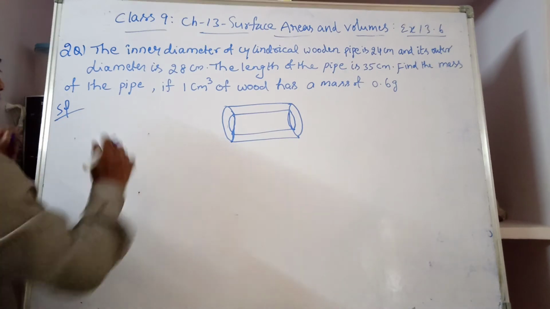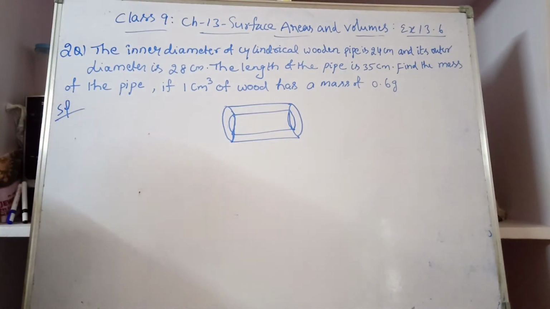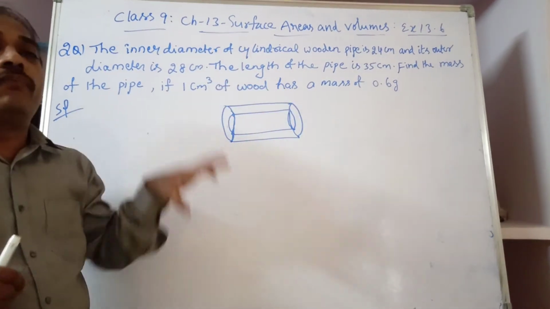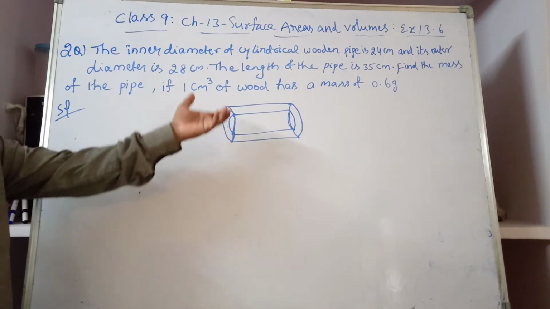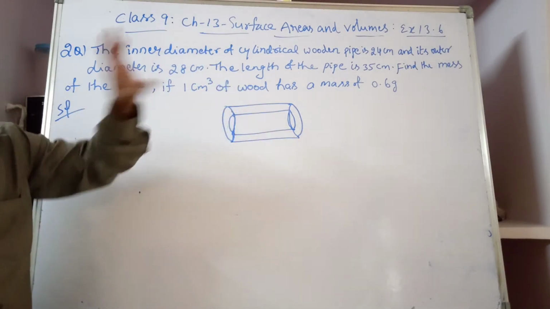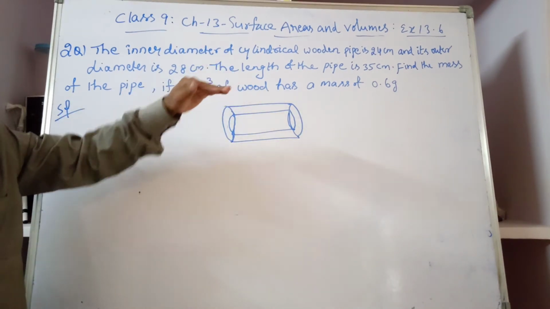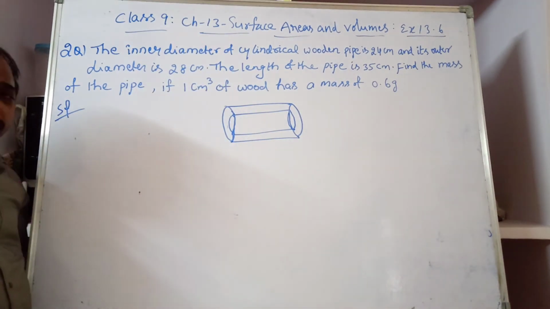What do we have to do to find the mass of the wood? First we need to find out how much volume of wood is there. So how do we get the volume? Yes, you are right. You have to find the volume of outer minus volume of inner cylindrical wooden pipe.